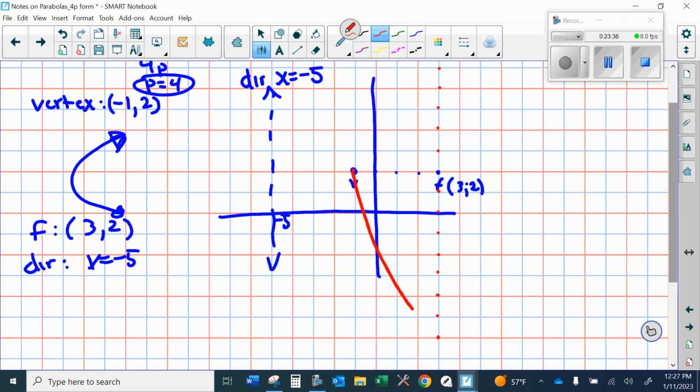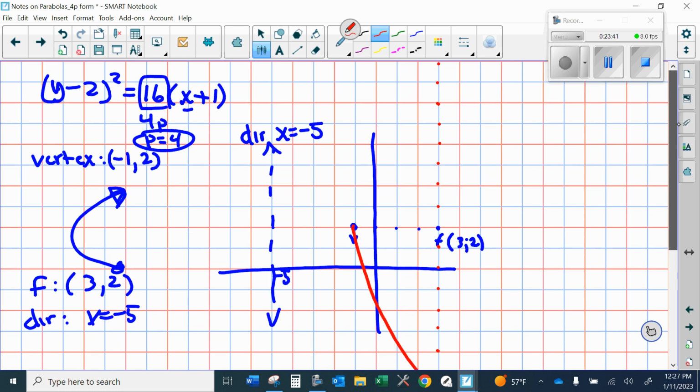So boom, way out here like this. And all the way, I can't keep going, but like that. There you go. There's your parabola right there, graphing it. Notice the vertex is not at the origin this time. We did opposite and opposite.